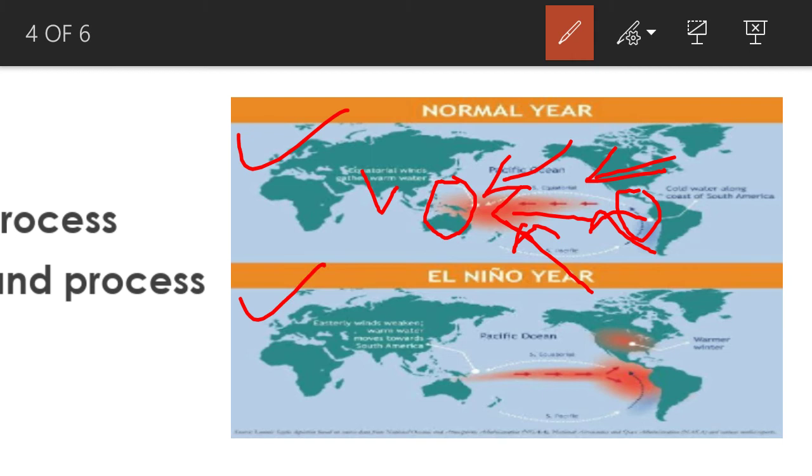In the El Nino year, what happens is that these trade winds weaken and the circulation is just opposite. Here in the place of the west part of South America, you will find that there is warmer water, and hence here it is cooler water. So water will move from this region towards this region, and hence there will be rainfall on the western coasts of South America.